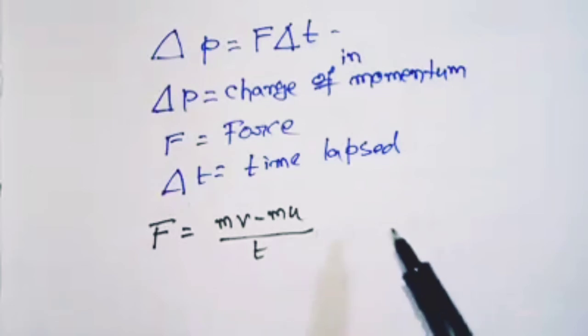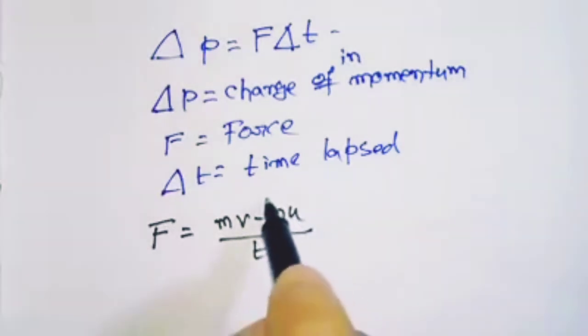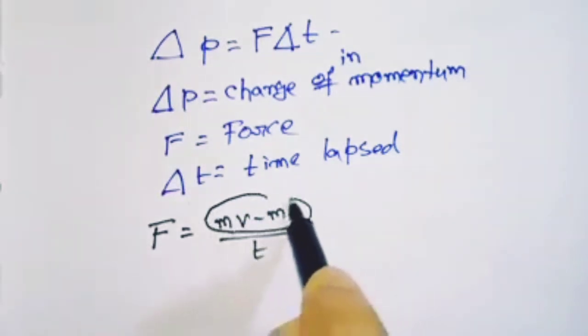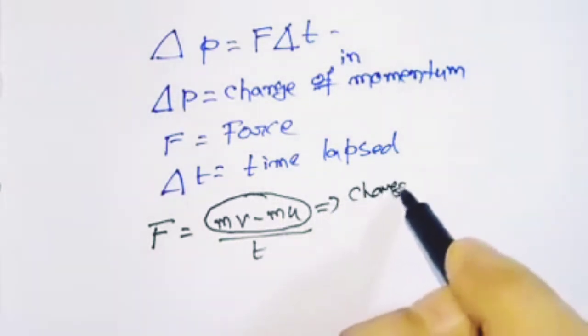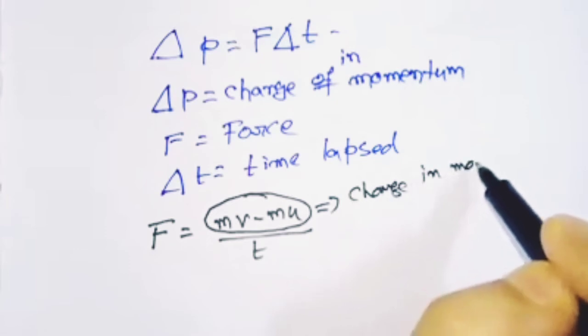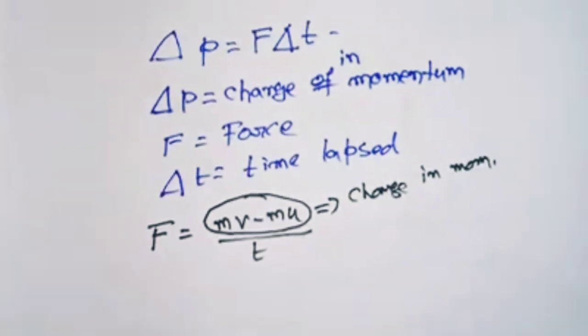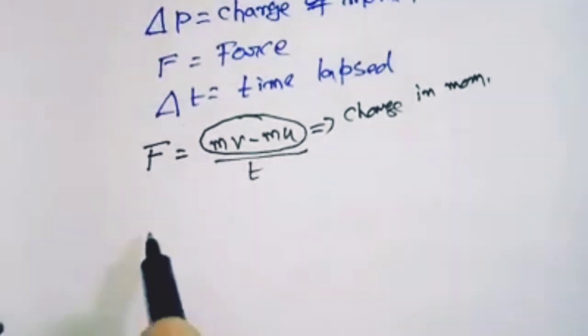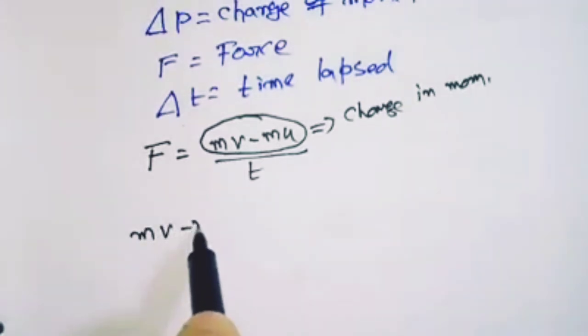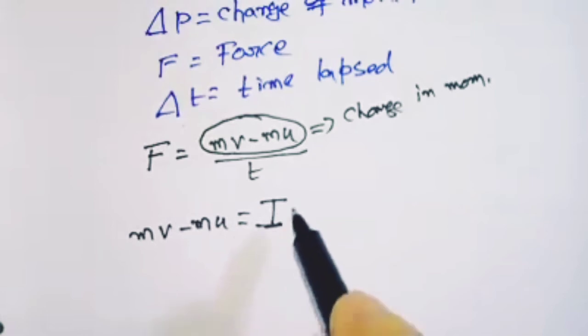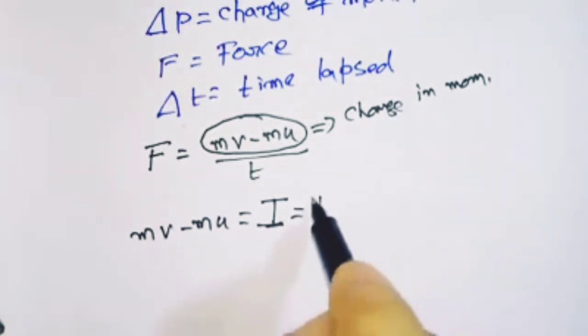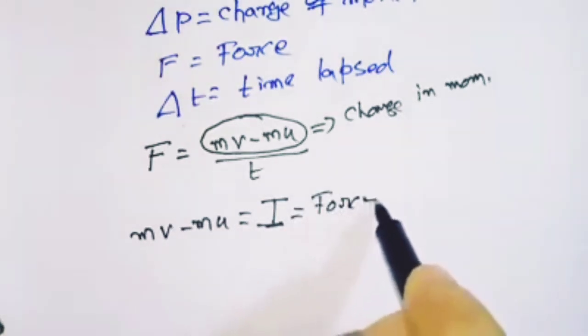Now, what is the change in momentum? This is the change in momentum, mv minus mu. If this is the change in momentum, we can write that mv minus mu equals I, and this is the impulse I. And I equals force multiplied by time.